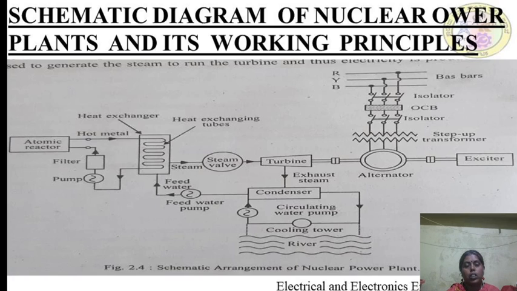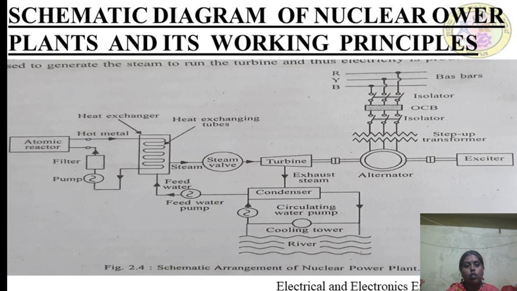Next we move on to the next topic, schematic diagram of a nuclear power plant and its working principles. The figure shows the schematic arrangement of a nuclear power plant.